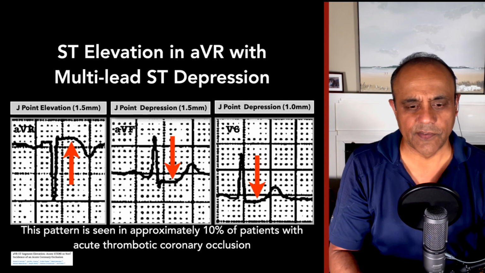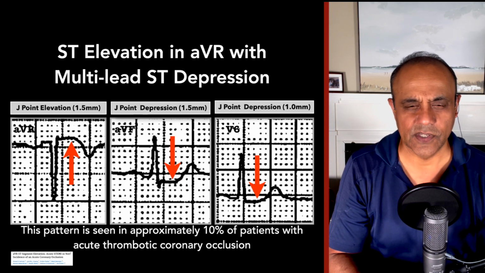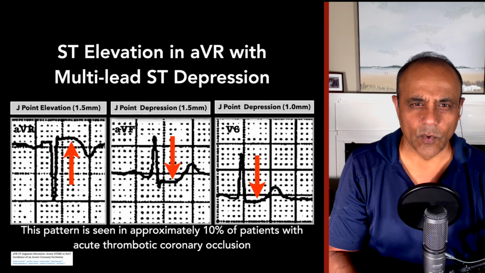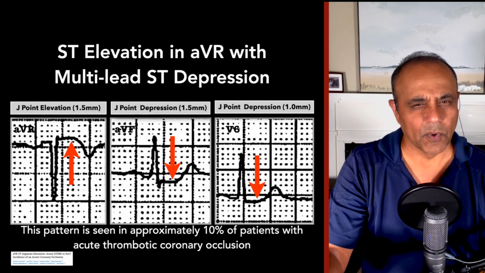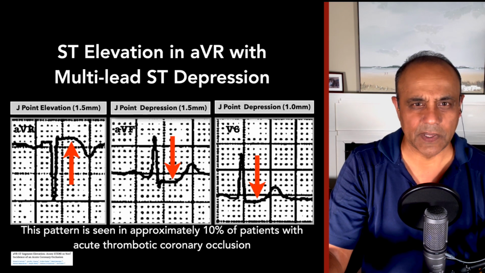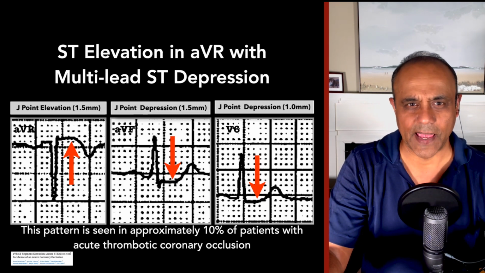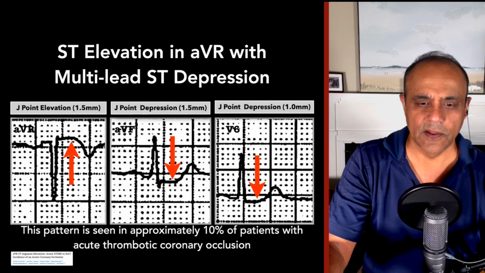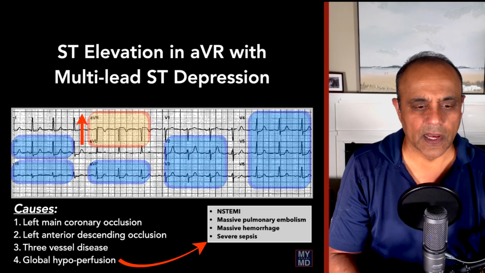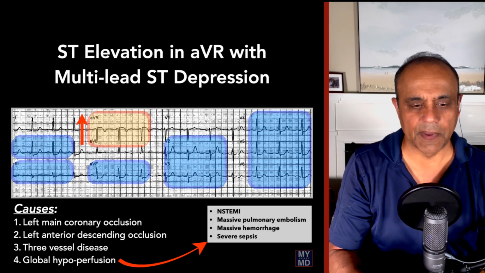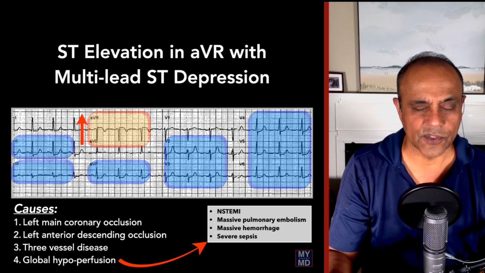Now, studies have shown that this is seen. This is thought to be one of the major markers of a left main occlusion, but we think that now it may not be as common as that, and there is a differential of other things that this could be. You've got to think about other causes. There are about 7 things that I think about, and the first 3 are cardiac.